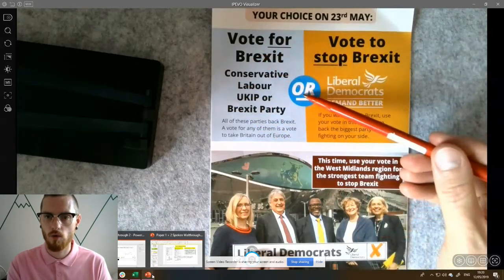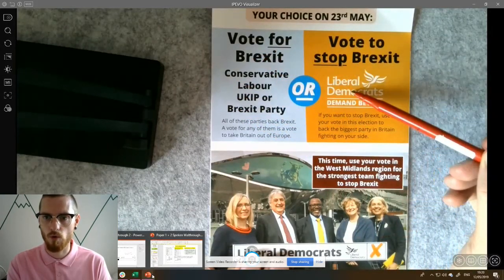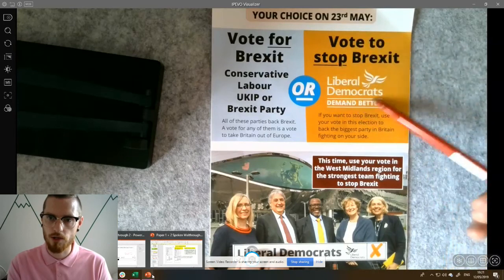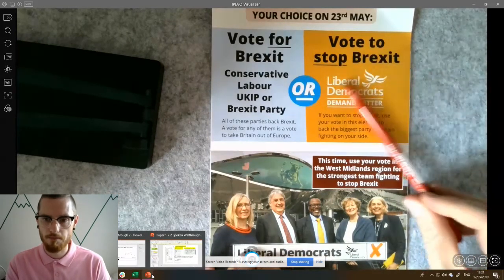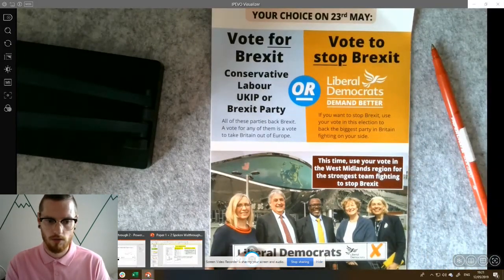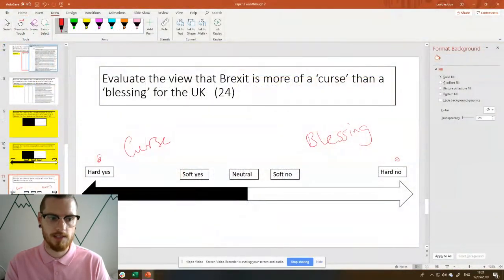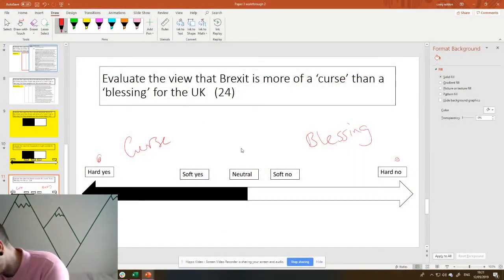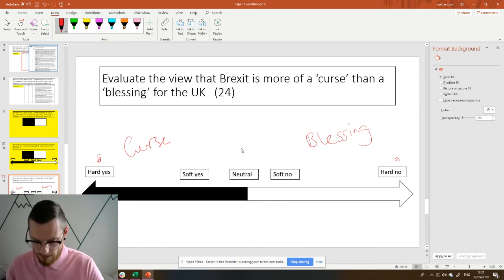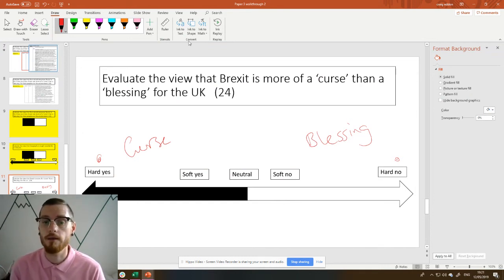Or a vote for the Liberal Democrats, which is on the other side. So if we went back to our scale here, the Lib Dems are trying to make it black and white, but it's not.